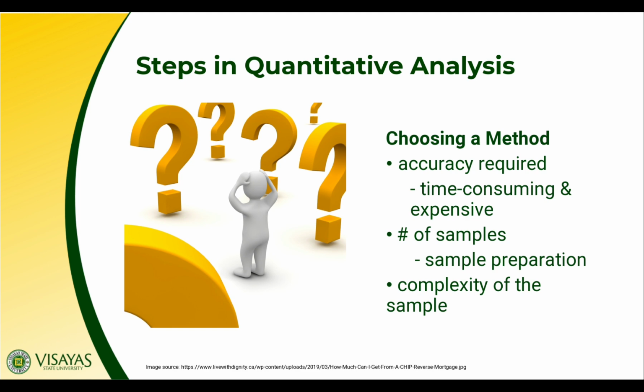Another thing to consider would be the number of samples. With that, again, time is of the essence. If your sample preparation takes so much time, then maybe you could reduce the number of samples. But again, if you opt for a very high accuracy or precision, and time is not an issue, then you could have a lot of samples that you may like.